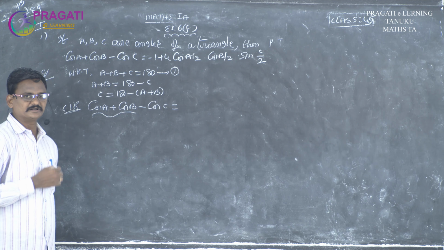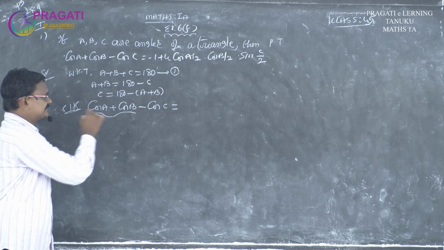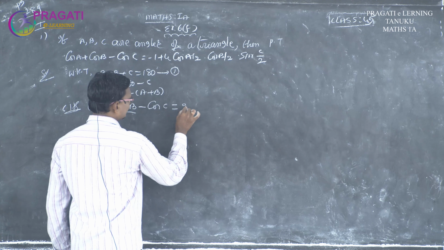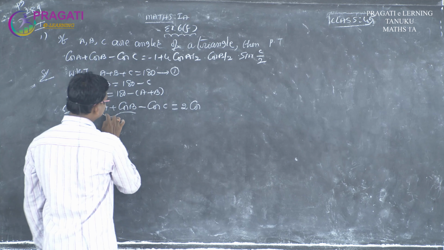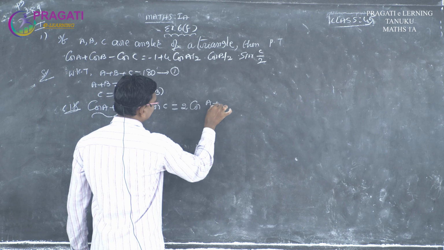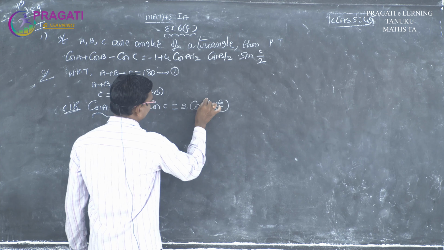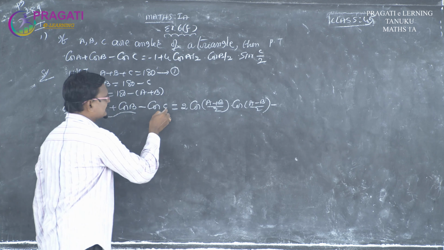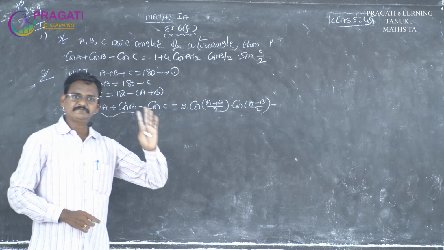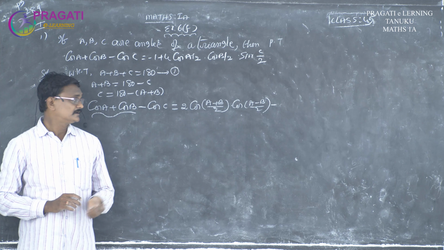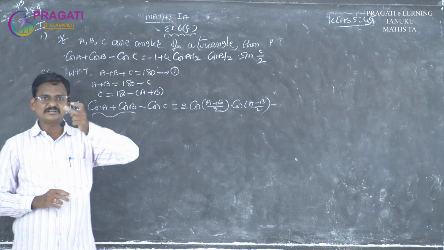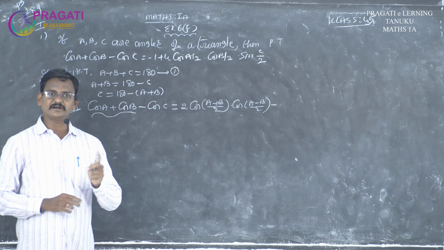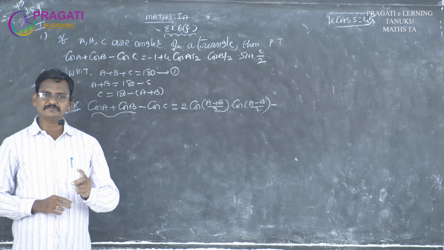For the first two parts, cos C plus cos D, the formula is 2 cos of (C plus D) by 2, here A plus B by 2, into cos A minus B by 2, and minus cos C. Cos C, that means cos 2A first of all. The cos 2A formula I told you already, we have in terms of sine and in terms of cos.